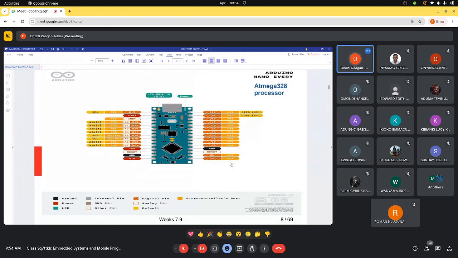Anybody to explain to us why we need the A0 to A7 pins, and why we need the D0 up to D16 pins? Anyone who understood when we introduced embedded systems on Arduino?